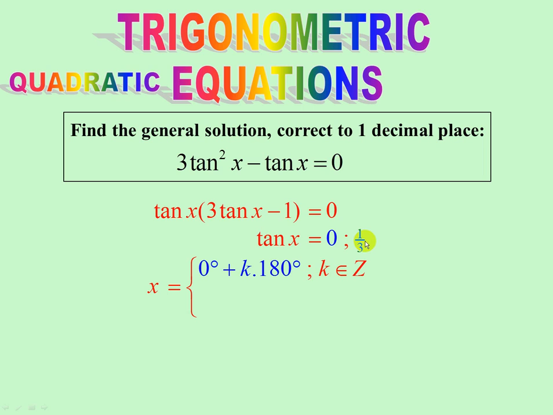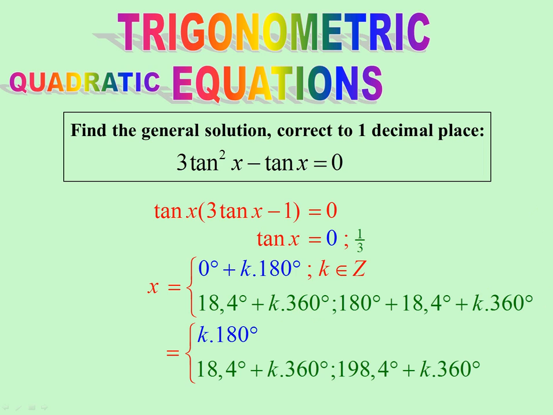Well, that's first or third quadrant. But of course with tan we can use just first quadrant plus k 180. There's first quadrant plus K360, third quadrant plus K360, which gives us that. And there's our solution, general solution.